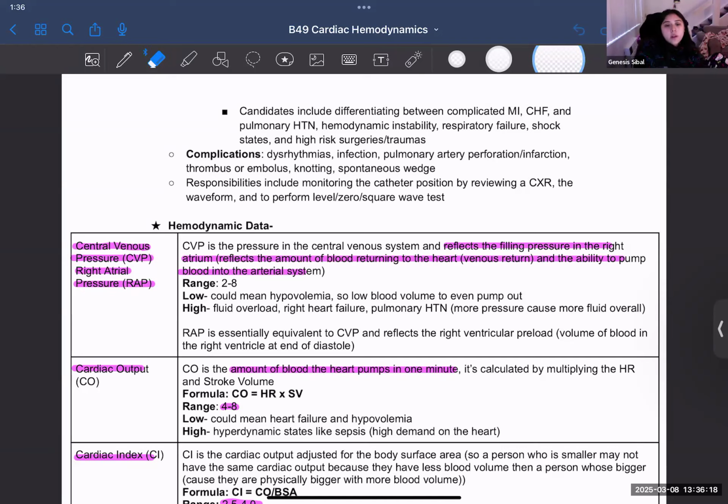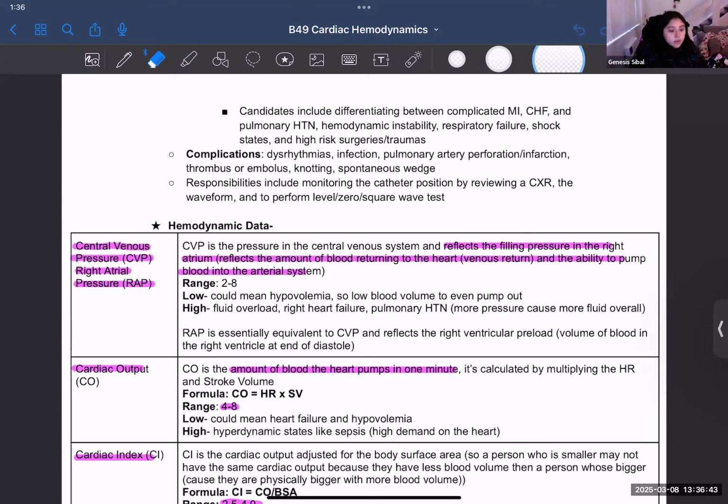I don't think you have to know the low and high, but basically RAP is essentially equivalent to CVP, and it reflects the right ventricular preload, the volume of blood in the right ventricle at the end of diastole.